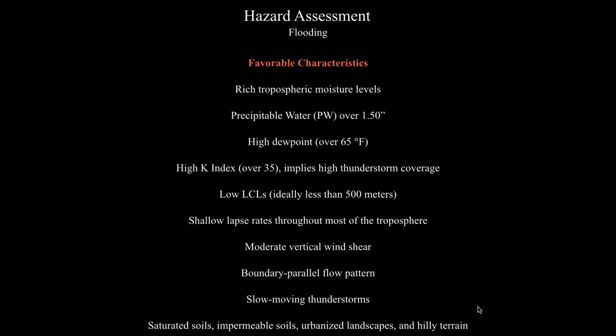And then hilly terrain can help funnel all the water into a common area. So if you're in a valley and it's raining very hard, then all that water is going to be coming down the slopes and focusing itself in the base of the valley, which can result in significant flooding. But also in rough terrain, you're much more likely to get landslides and rock slides if you've got sufficiently intense rainfall rates, or if the soils on the sides of the hills are sufficiently saturated.